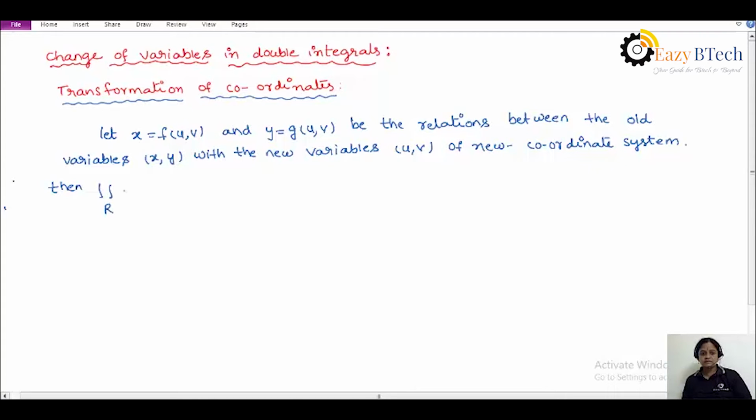So then the double integral over R of f(x, y) dx dy is equal to the double integral over R of f, where x is f(u, v) and y is g(u, v), and the value of dx dy is the Jacobian transformation of dx dy.